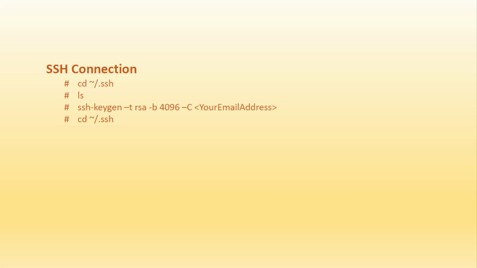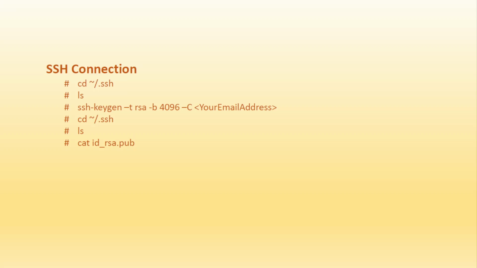Once you run that command, public and private keys will be generated and they will be placed at the .ssh path. Then do ls. You would be able to find a file with extension .pub. .pub means public. If a file doesn't have an extension, it is the private file.